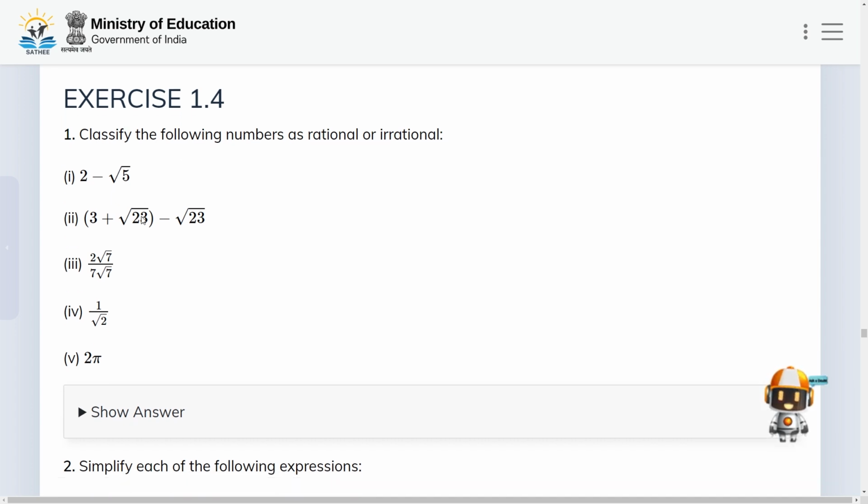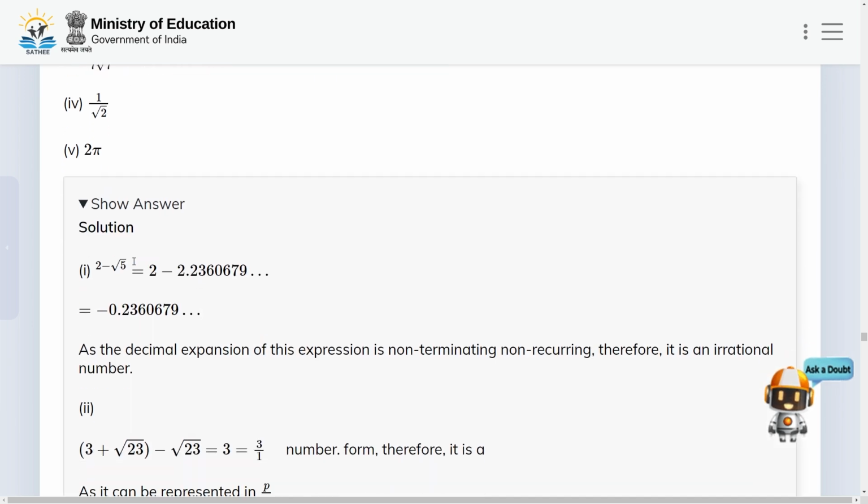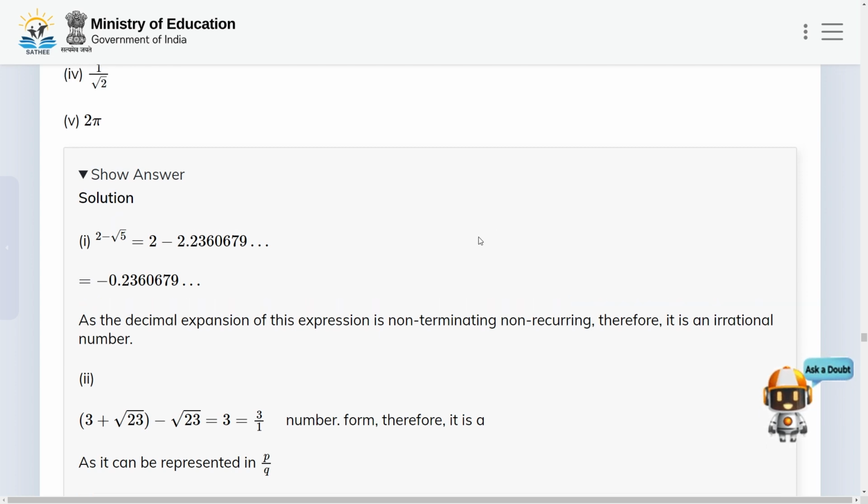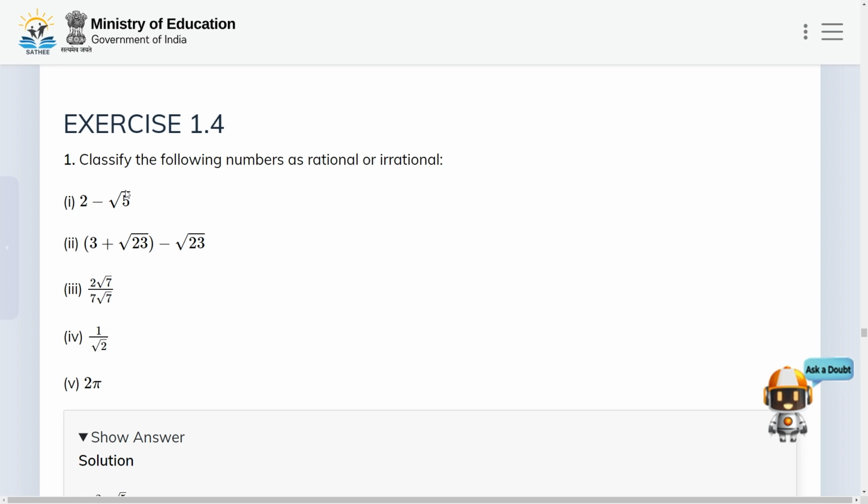You can write 2 minus 2.2360679, that is equal to minus 0.2360679, as the decimal expansion of this expression is non-terminating and non-recurring. Therefore it is an irrational number. So 2 minus root 5 is an irrational number.